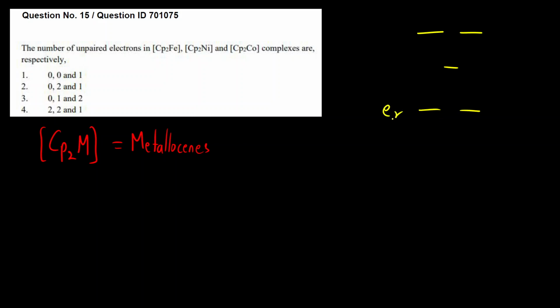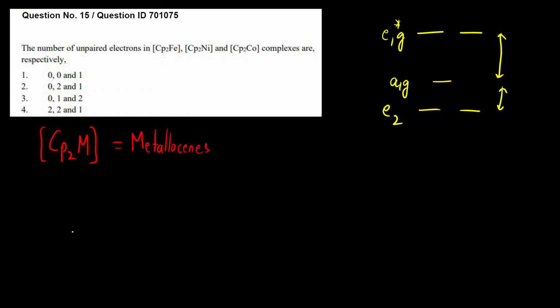This is e2, this is a1g, this is e1g star. The energy difference between e2 and a1g is very small as compared to e1g and a1g. This is important.